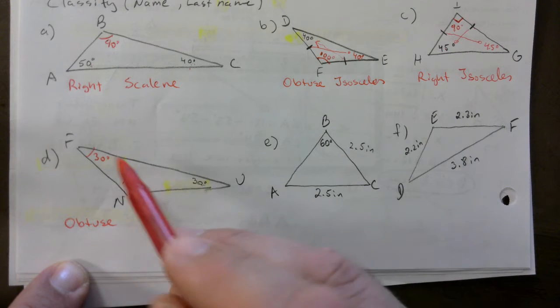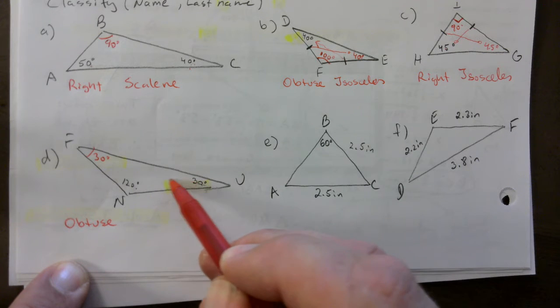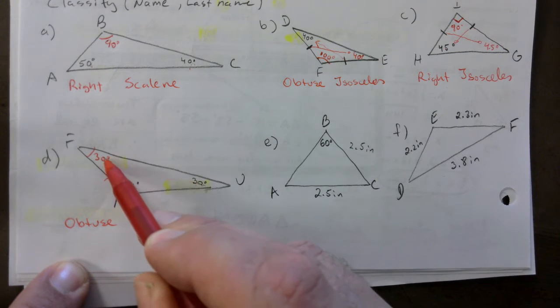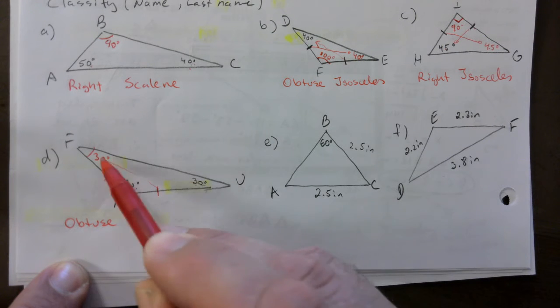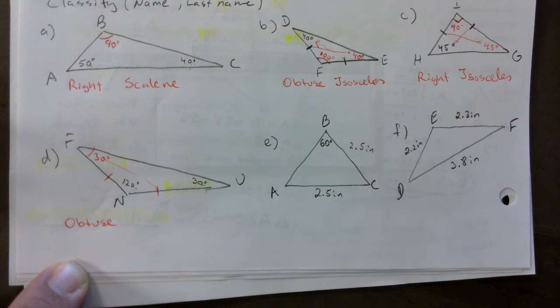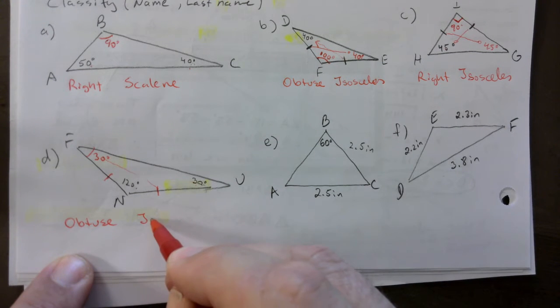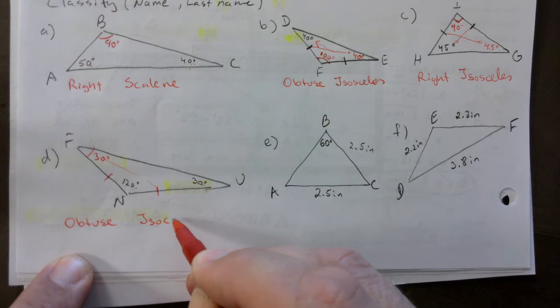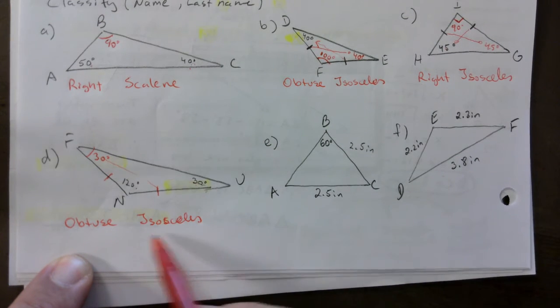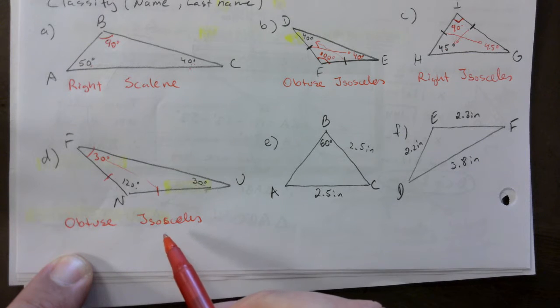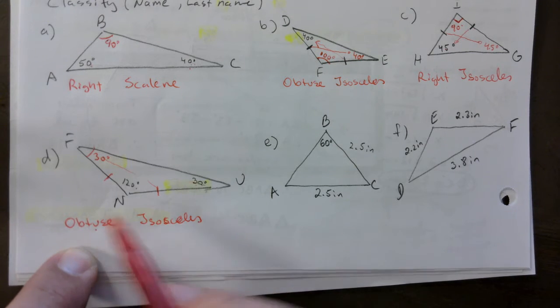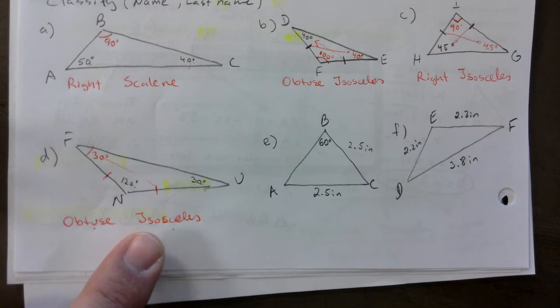Watch this. If you know that these are the same, then the sides across them are also the same. That's just the rule. It goes both ways. If the angles are the same, then the sides across those two will be the same as well. So we know this is an isosceles when it comes to side length. So by angle, by side length, done.